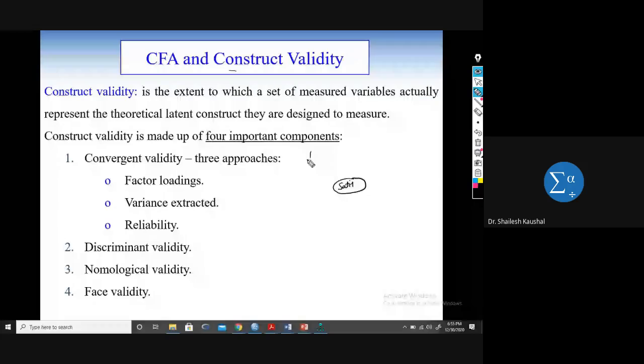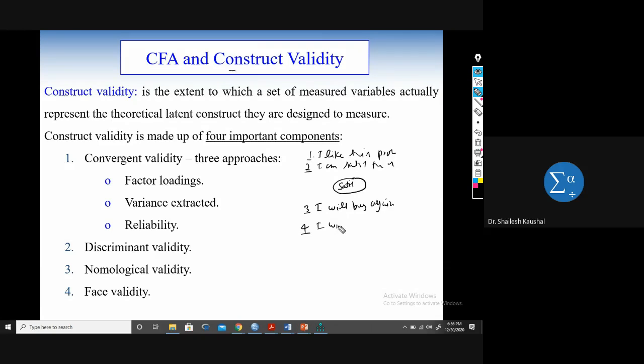I can ask, I like this product, this is one question. I am satisfied with this product. Then the third question may be, I will buy this product again. Then the fourth question, I will recommend others to buy this product.